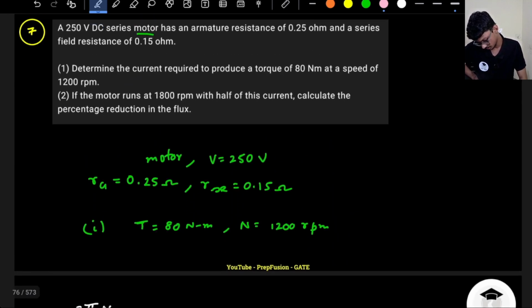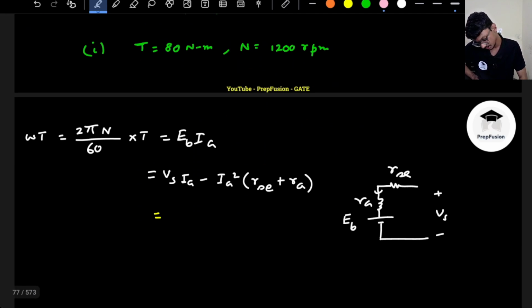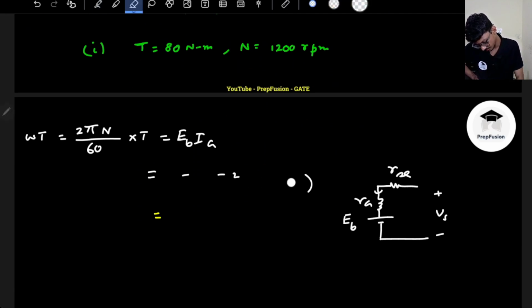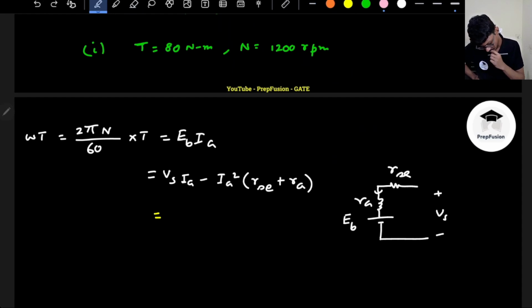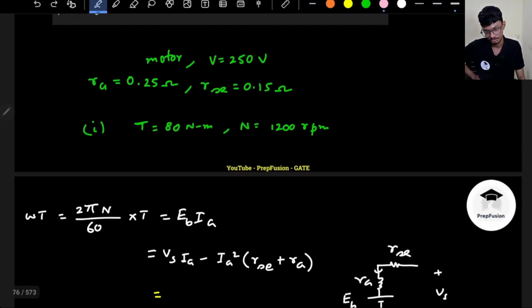I have to find out the armature current only, right? So I know all these values. Do I know Eb? Actually, I can find out Eb, right? Oh, I cannot find out Eb. So this is the equation only. I think I have to solve the quadratic. If I don't solve the quadratic, I will not be able to solve it.